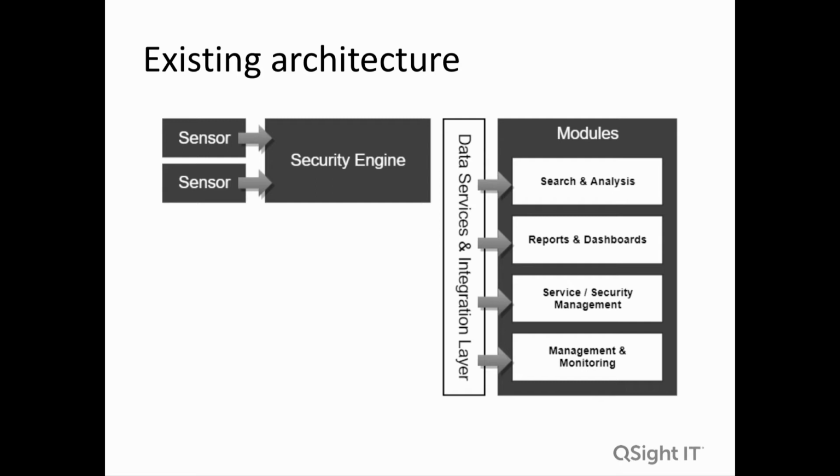Inside this security engine, there's some built-in logic which evaluates the data it receives, saying, okay, this is suspicious, could be a possible threat, or not. So the logic is built into this security engine.